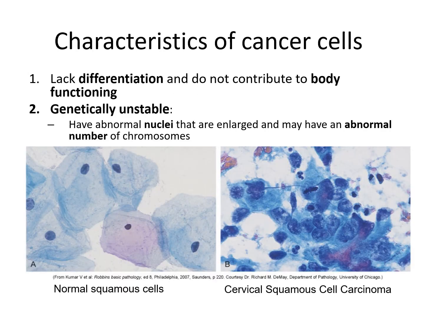So let's list some of the characteristics of malignant neoplastic cells. So these would be cancer cells. As we said earlier, they're going to lack differentiation, and they don't contribute in a healthy way to body functioning whatsoever. If we look at these down here, we looked at this earlier, and this is a normal cell that we'd see in a pap smear, a normal squamous epithelium that is sloughing off of the cervix continuously as it's being replaced.